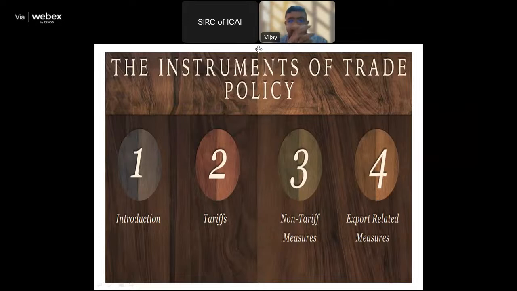Okay. Now, instruments of trade policy. Here, sir, for any nation, the objective is to control or curtail imports and encourage exports.